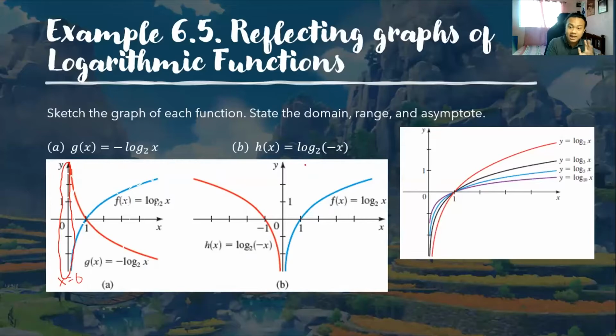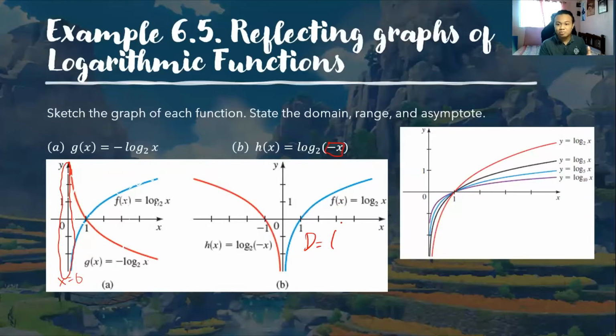And then for the next part, the domain is different. Since it is negative x, we have to counter that. We cannot put a positive there, because the whole expression is negative, and what is inside the logarithm cannot be negative.